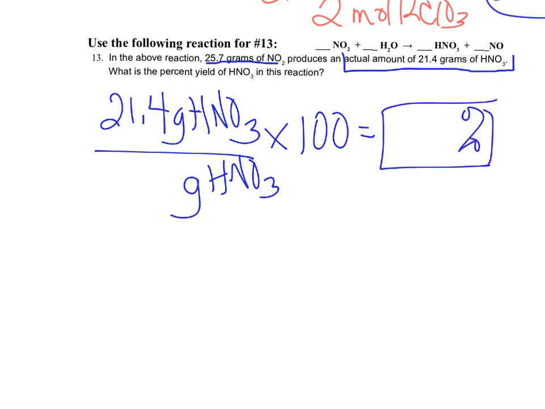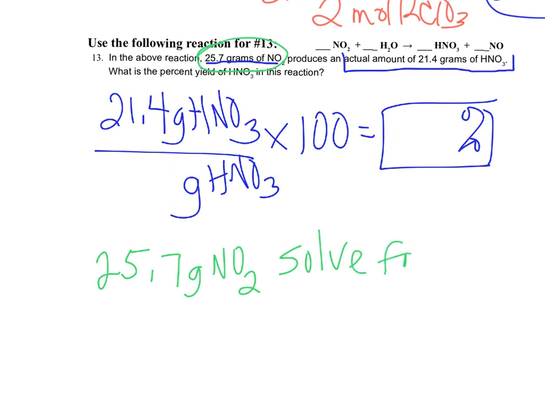But you don't have the theoretical number. So that means you've got to take back and use the 25.7 grams of NO2 and solve for the grams of HNO3.